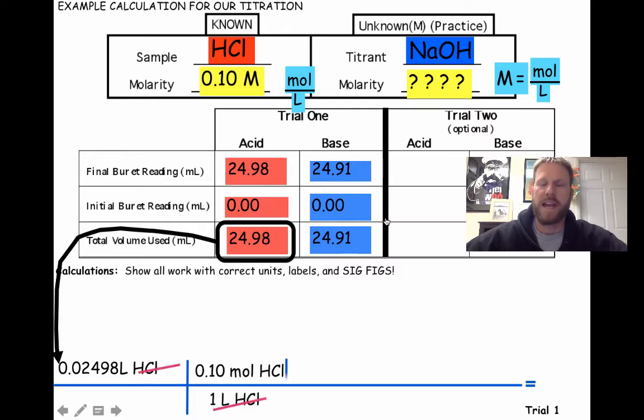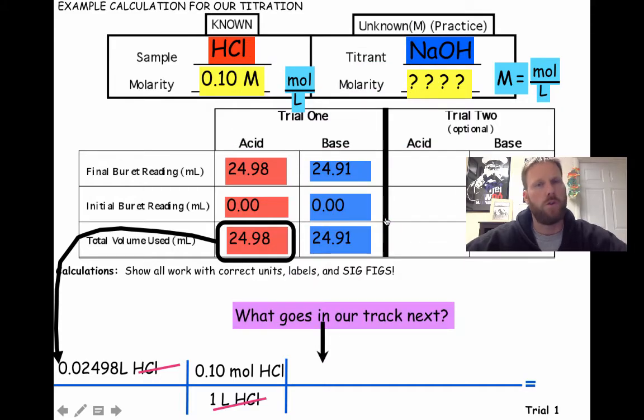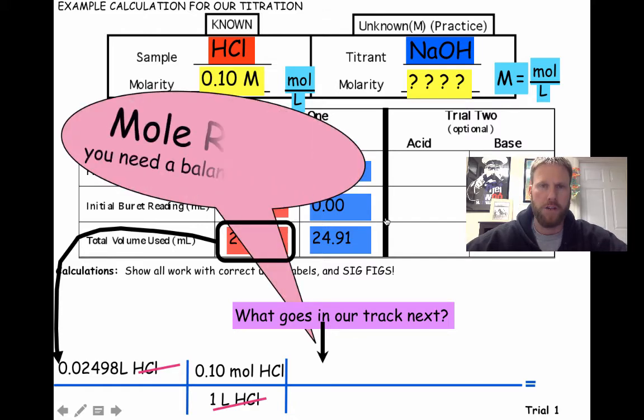So my liters will cancel, and I am now in moles of HCl. Well, I don't want moles of HCl. I want moles per liter of NaOH. So how can I convert from moles of HCl to moles of NaOH? What will go next? That's right, the mole ratio.